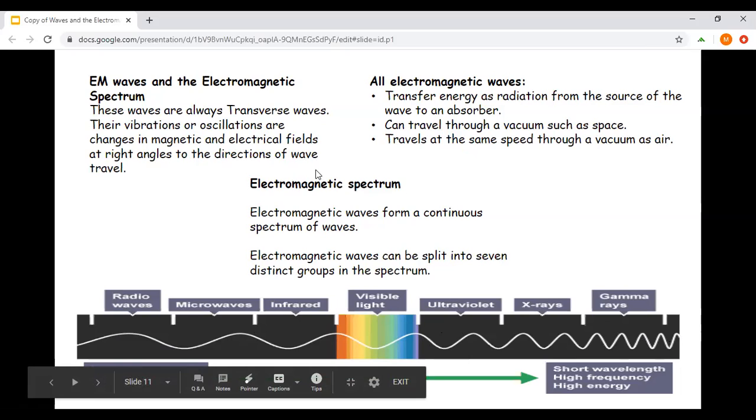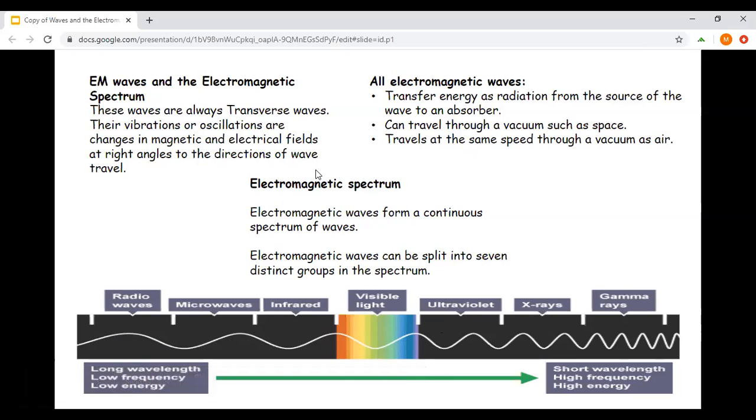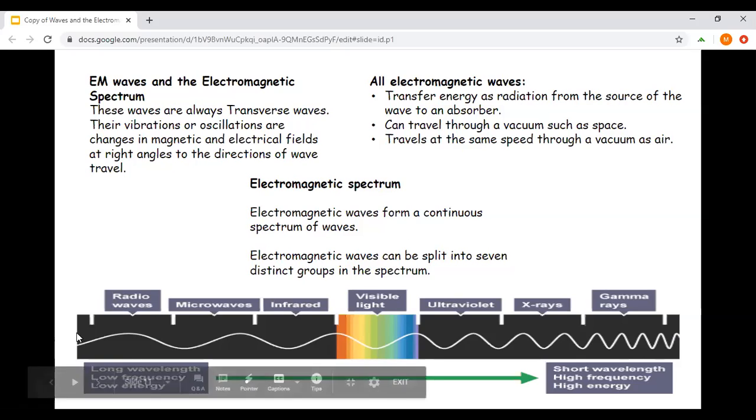They transfer energy as radiation from the source of the wave to an absorber. They can travel through a vacuum such as space, and they will travel at the same speed through air as through a vacuum. If you remember, the radio waves are huge, the undulations are the size of a building.